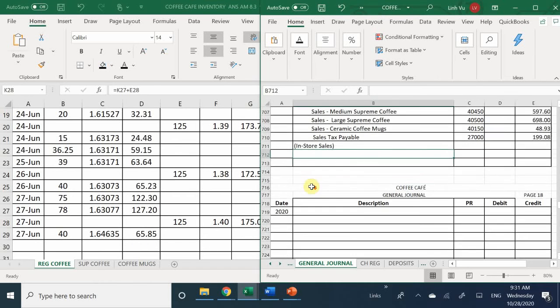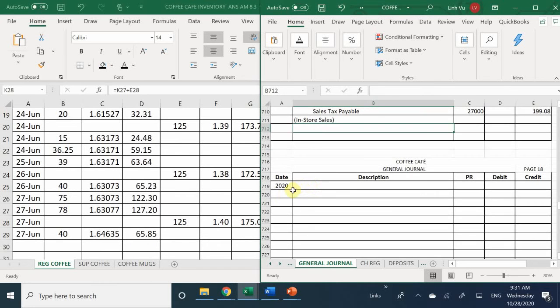Okay, so we're starting a new journal page. And what do we do in our journal? We're gonna put the date, June 27th, and we're gonna do COGS. Good. Debit cost of goods sold, regular coffee, debit cost of goods sold, Supreme coffee, and then we're gonna credit the regular coffee, and we're also gonna credit Supreme coffee.